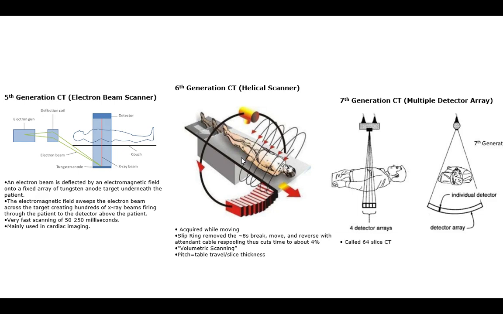So I could have, let's say, a 1 centimeter wide beam, but I was traveling 1.5 centimeters, so you'll end up with effectively 15 millimeters over 10 millimeters, right? 1.5 centimeters over 1 centimeter. So you'll get that pitch of 1.5.